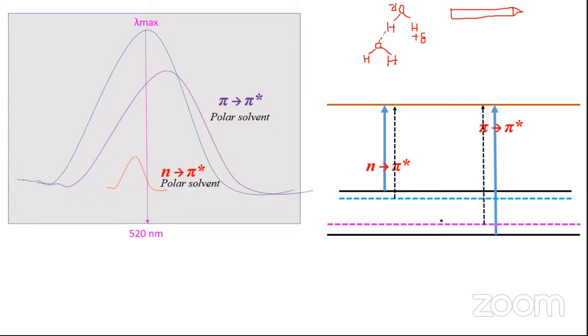Now, this becomes important because you can tell conclusively whether your molecule has only pi electrons or, in addition to pi electrons, it also has non-bonding electrons. So the bonds within your molecule, whether it is only double bonds or whether there are, in addition to double bonds, certain atoms with lone pairs also. So can you not distinguish this?